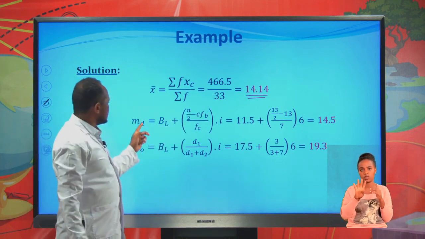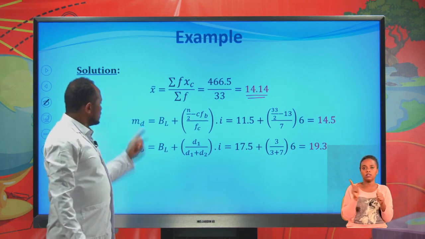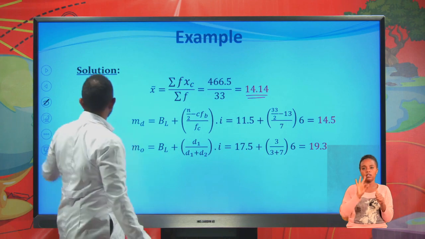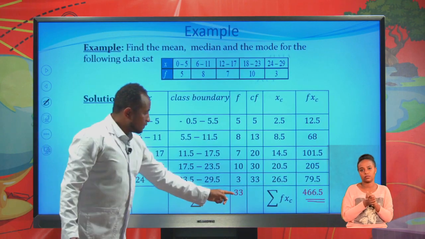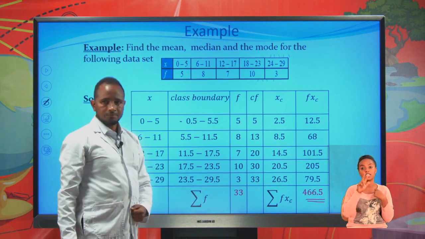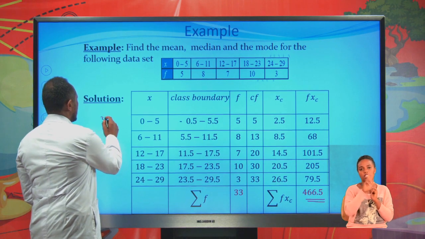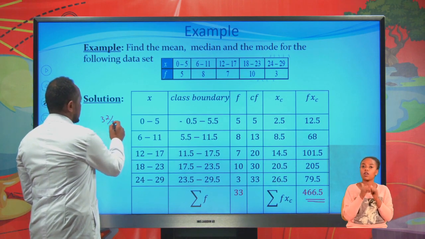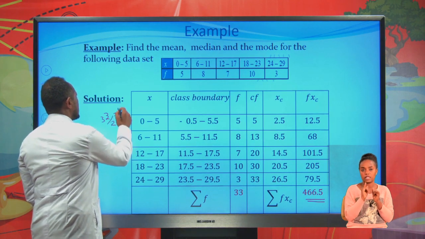Okay, to calculate the median, first we need to find the median class. We have 33 data. So divide 33 by 2, it is 16.5.